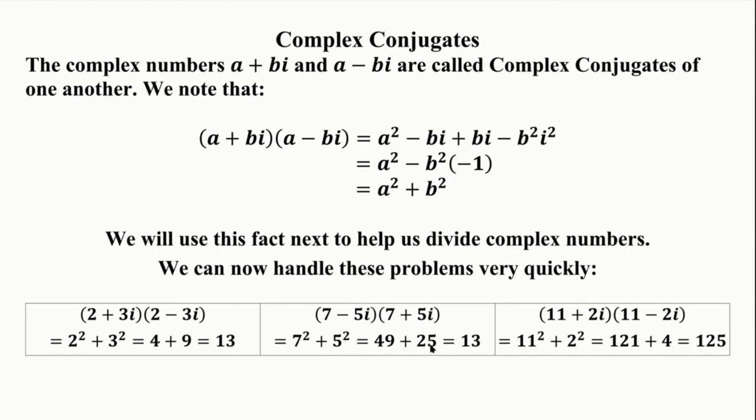So 49 plus 25, which is not 13, hold on. I don't know what I was thinking there. It's 74, okay? And same here, 11 squared plus 2 squared, so 121 plus 4 or 125. This is a very handy trick to have in your bag of tricks because we'll use this often, okay?